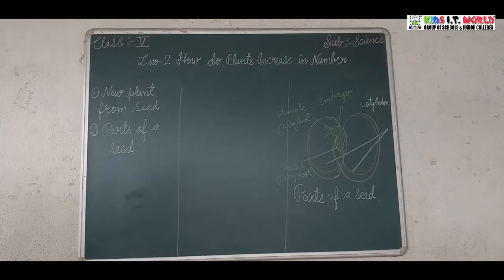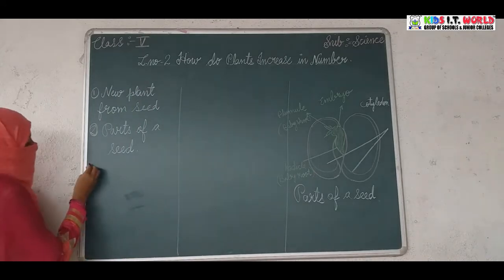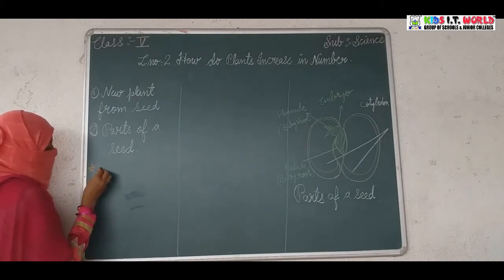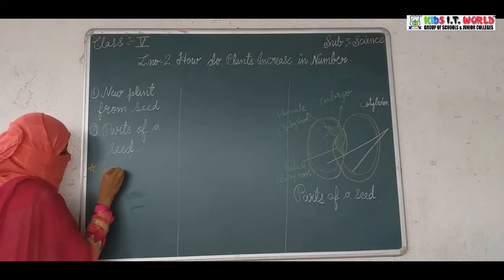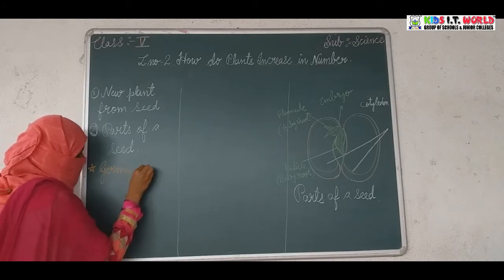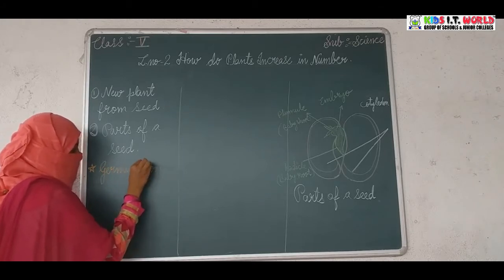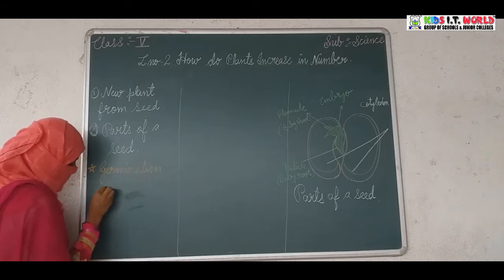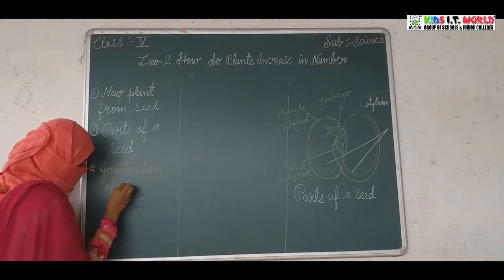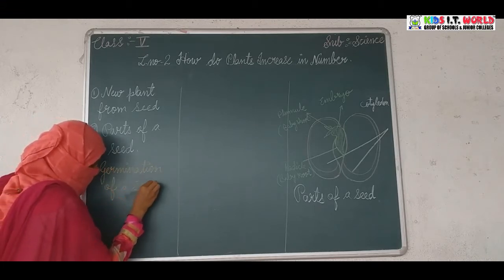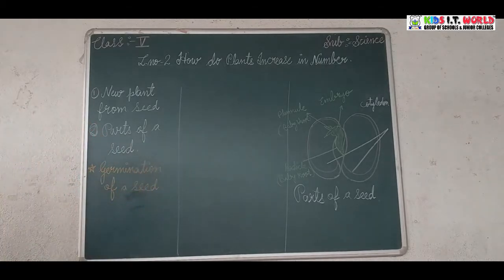Then next, germination of a seed. A seed grows into a new plant. When the embryo grows out from the seed, we say that the seed has germinated.